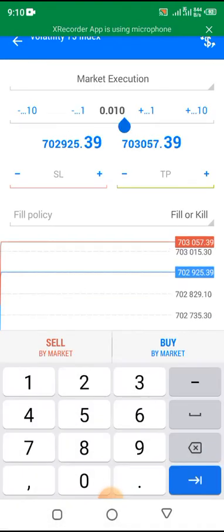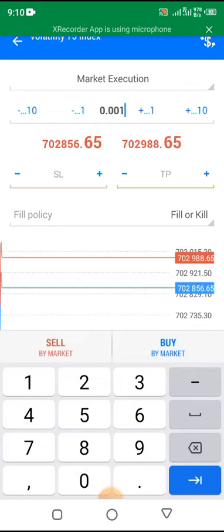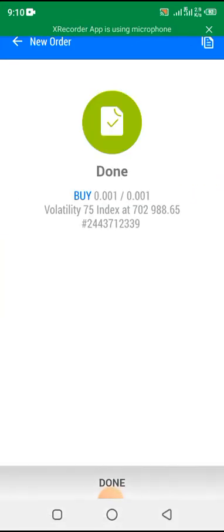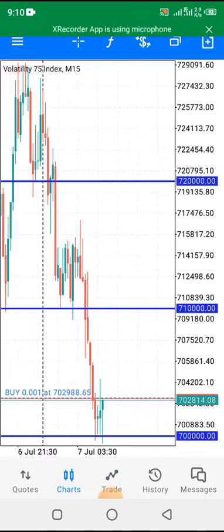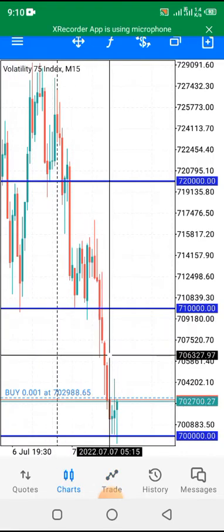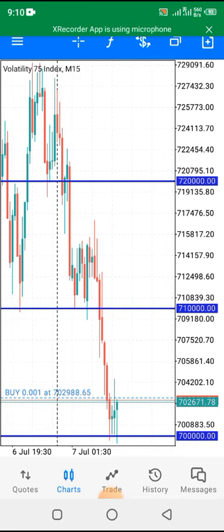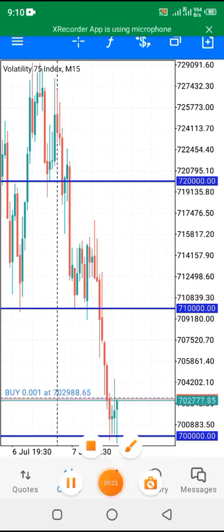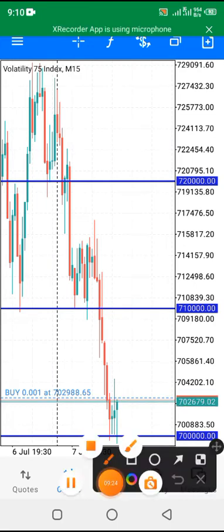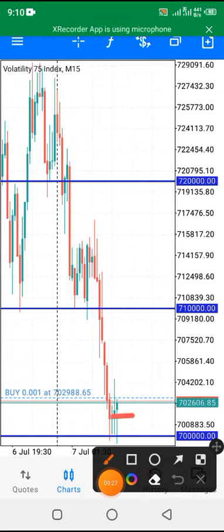Let me just buy with the least lot size, right? You can see I've bought here because I'm seeing price at the support region over here.